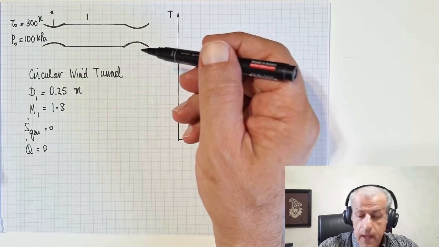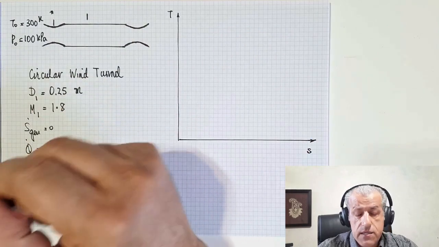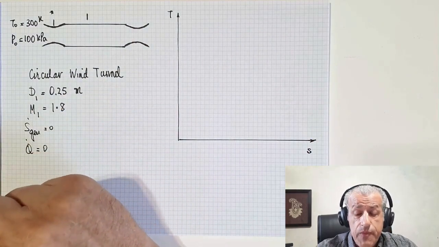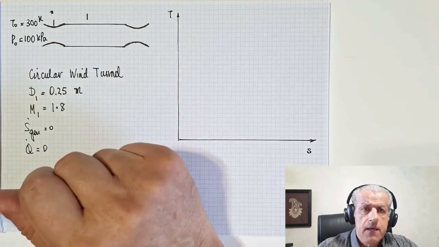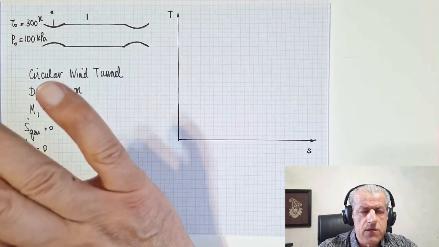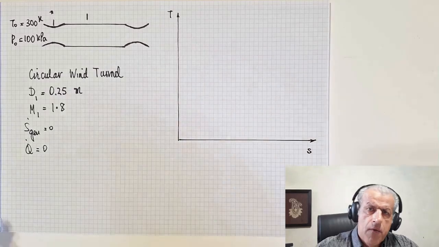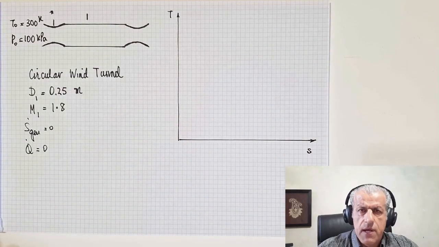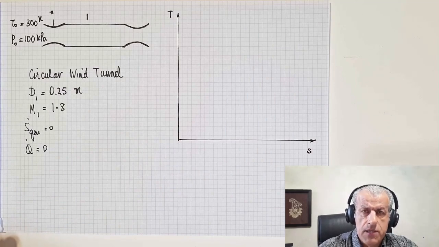So at least what we have here are stagnation conditions at the entrance. Just for that knowledge of the stagnation conditions at the entrance, we could do some initial calculations that we do now. We are told that at the entrance, the temperature is 300 Kelvin.